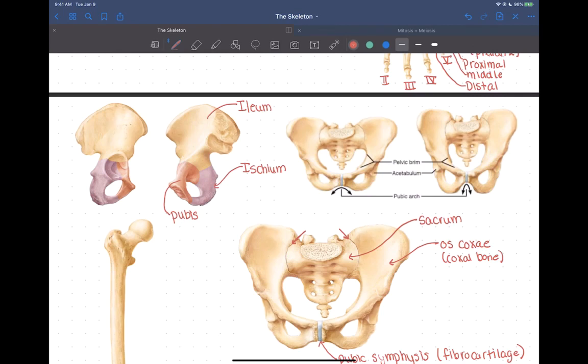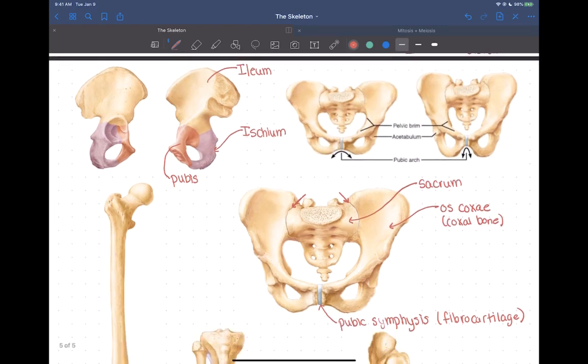The one other thing to point out, because you can see it really well in this picture, is the socket for the ball and socket joint of our hip, where the hip meets the femur. This socket here is where the femur fits in, and it's called the acetabulum.